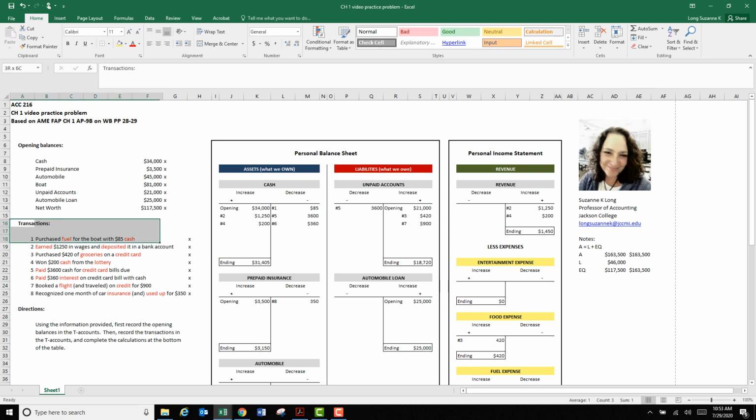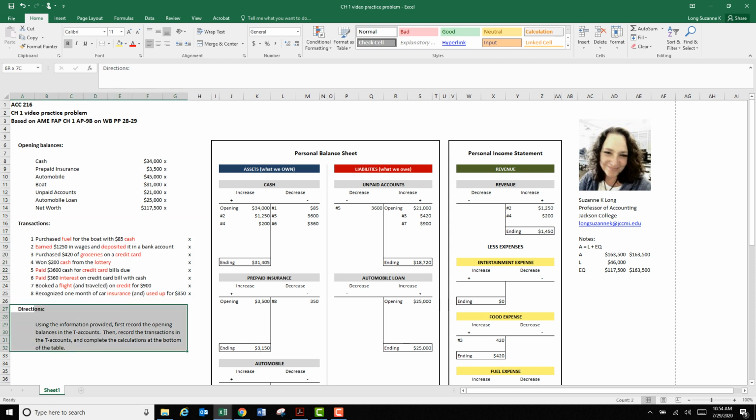And then this is really the heart of the problem, analyzing and recording the transactions. So we did that. One by one we went through each transaction, and we found which accounts to record and which sides to use. Is it an increase or a decrease for this account for this transaction? And with each transaction, we're checking to make sure left side equals right side.